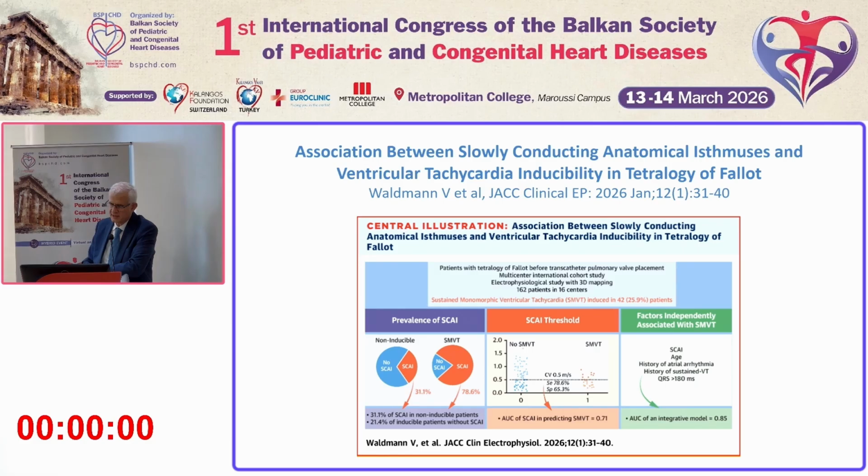A more recent study just published this year showed the importance of these slowly conducting isthmuses in patients with tetralogy of Fallot. As you can see, if there is a slowly conducting isthmus, there is a much higher incidence of sustained monomorphic VT. And then other factors play a role, such as age, history of atrial arrhythmias, history of sustained or non-sustained VT, and the prolongation of the QRS interval.